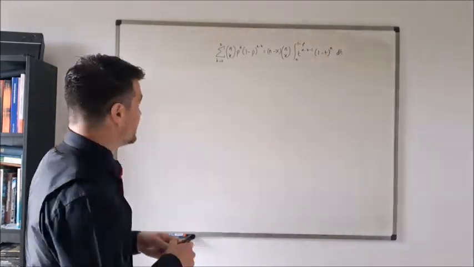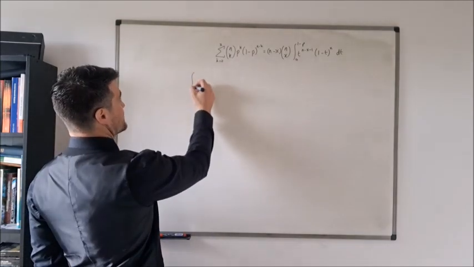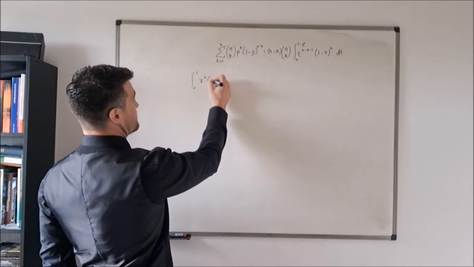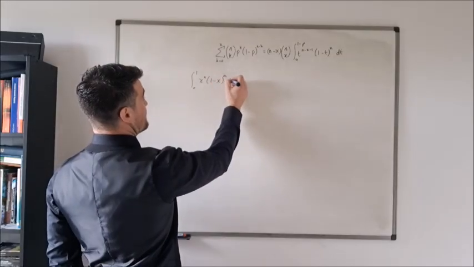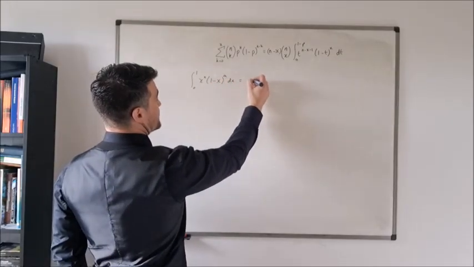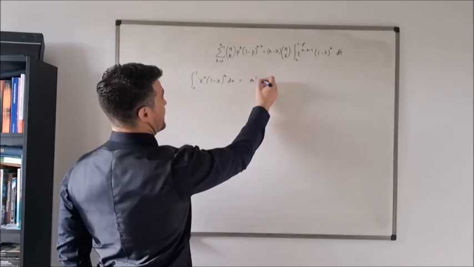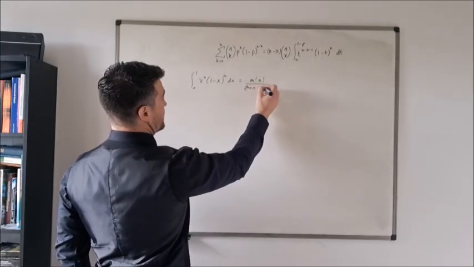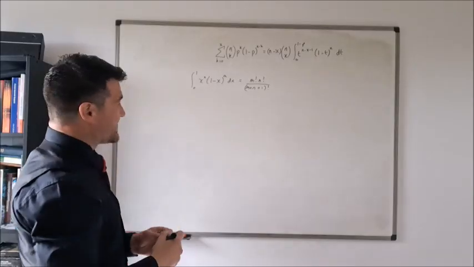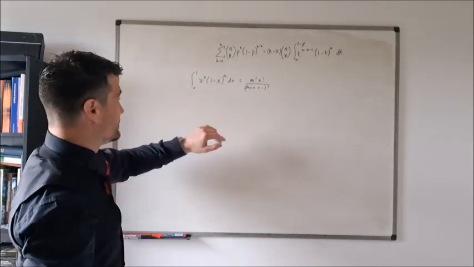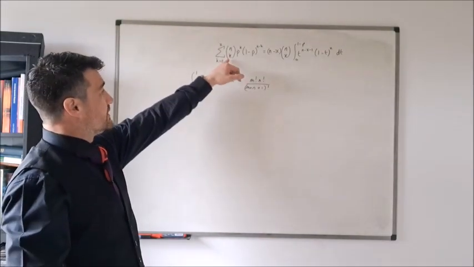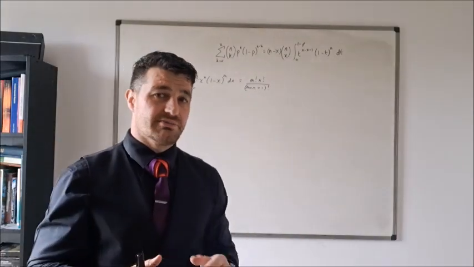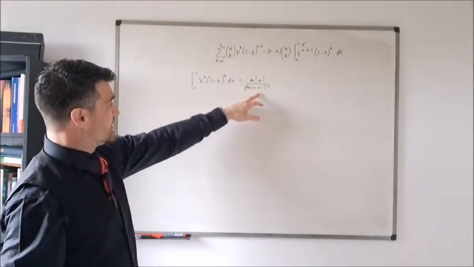Nevertheless, I've made it, and the result is that the integral from 0 to 1 of x to the power of n times 1 minus x to the power of m dx is equal to m factorial times n factorial over m plus n plus 1 factorial. I was thinking maybe this could be quite useful for the simple reason that binomial coefficients and factorials are quite closely related.